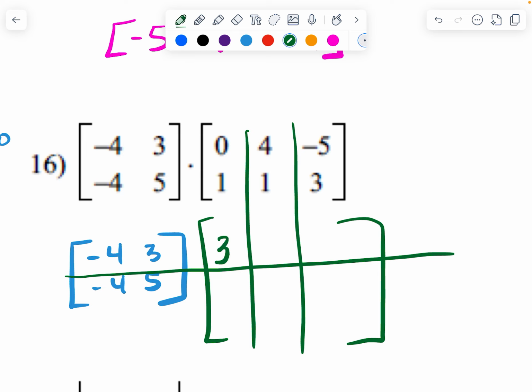Negative 16 plus 3, so negative 13. 20 plus 9 is 29. Then 0 plus 5. And then negative 16 plus 5 is negative 11. 20 plus 15 is 35.